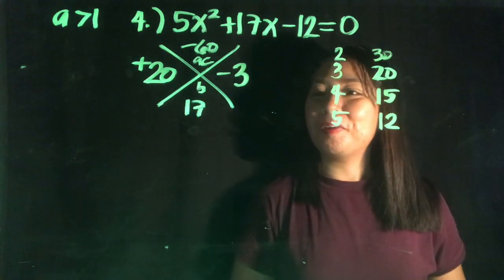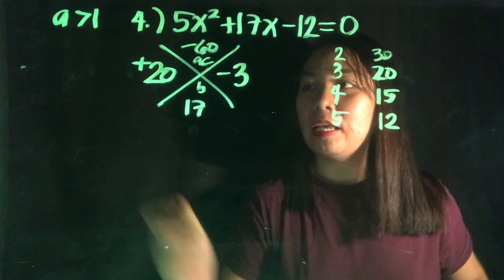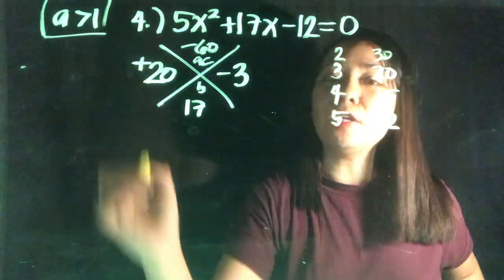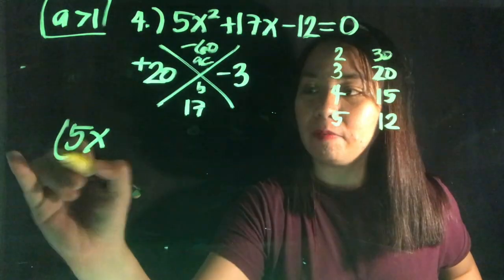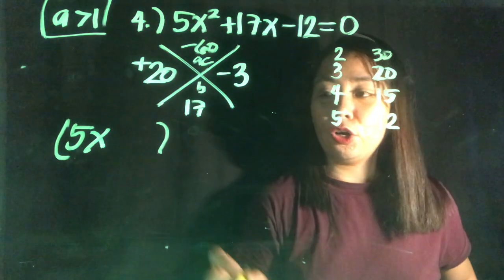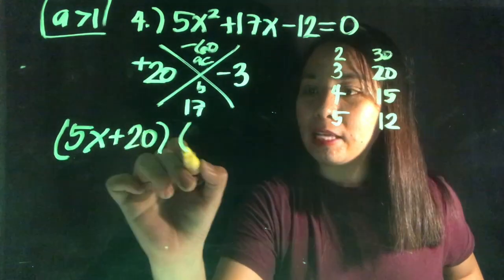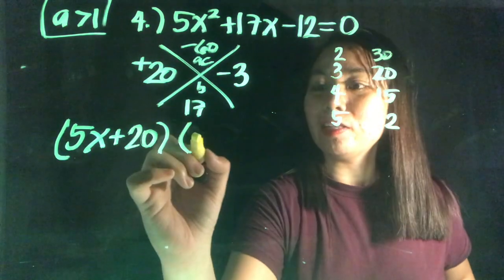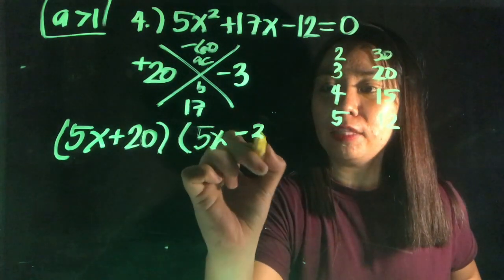So, now, we already have these factors, and take a look at what I will do next. Remember, your A is greater than 1, so we will be putting here 5x as first factor. Tapos dito po, ilalagay lang natin si positive 20. Sa kabila naman po, we will still put 5x and then put negative 3.